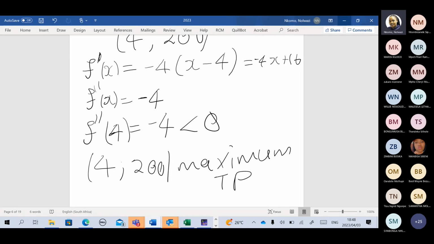Yes, ma'am. I have one question. Where you got f prime of x is equal to negative 4 into x minus 4 is equal to negative 4x plus 16? Can you explain that step and what you did there?